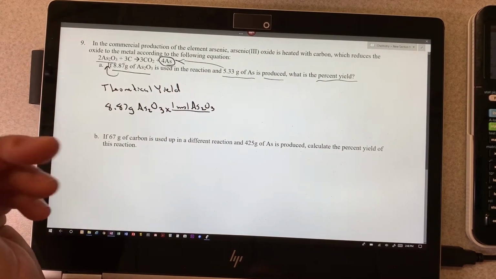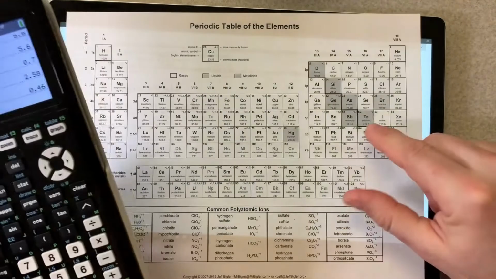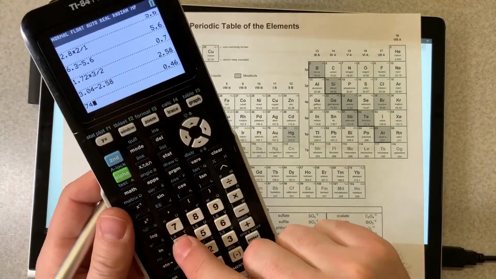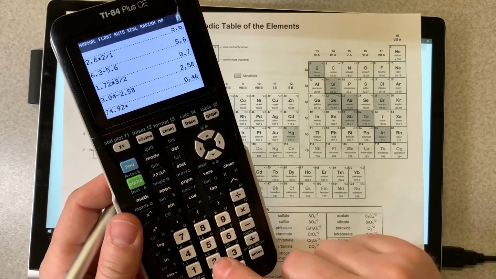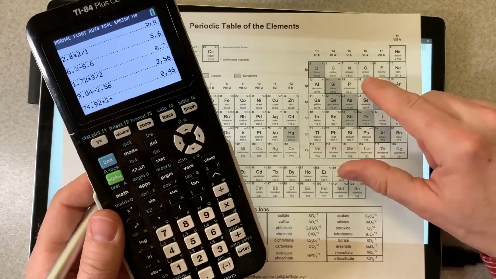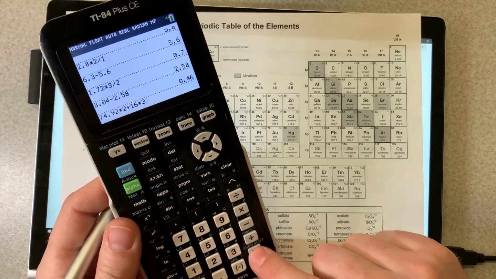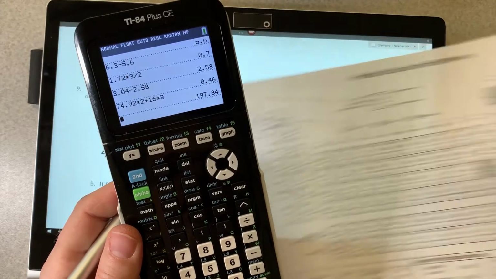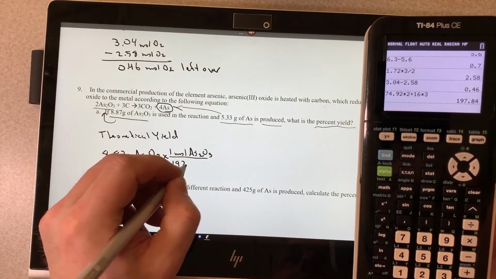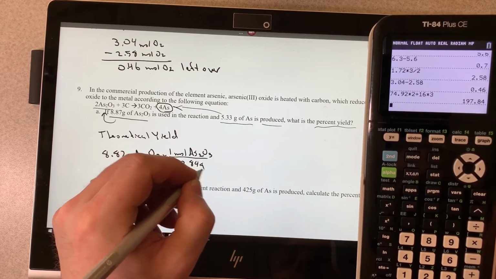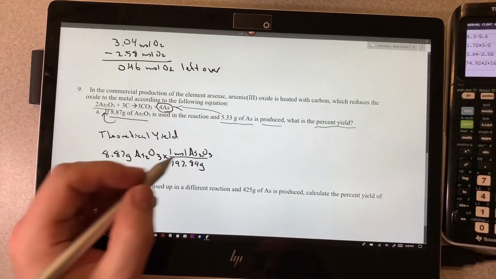So I'm going to need the molar mass of 1 mole of As2O3. I'm going to take a look at my periodic table to find out what this is. Arsenic is 74.92. I have 2 of those in there, plus 16 times 3 for my oxygens, and so I have 197.84 grams of As2O3 per mole.